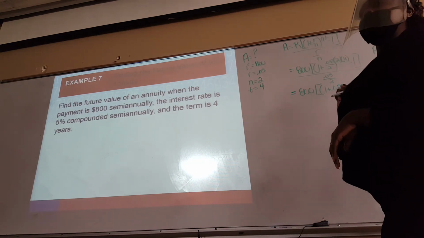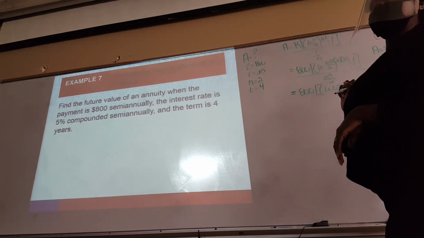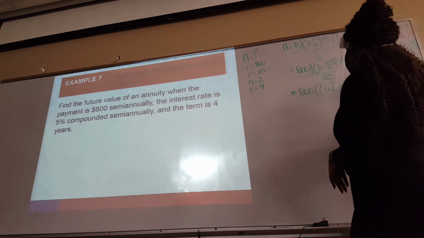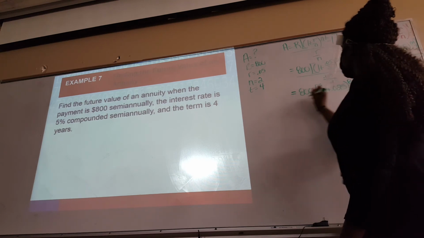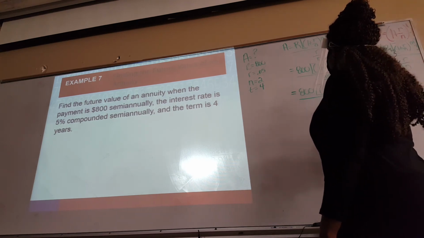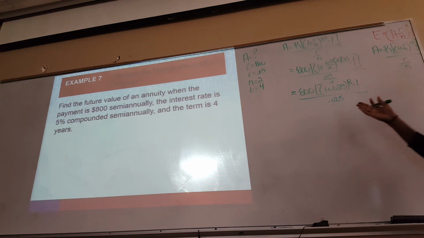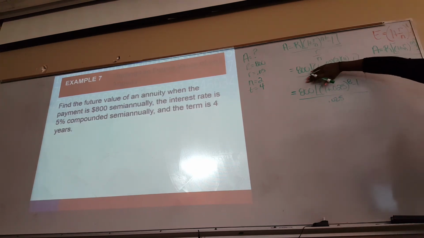Then we have 2 times 4 is 8, minus 1, over 0.025. So you see how the problem starts to look more simple at this step.